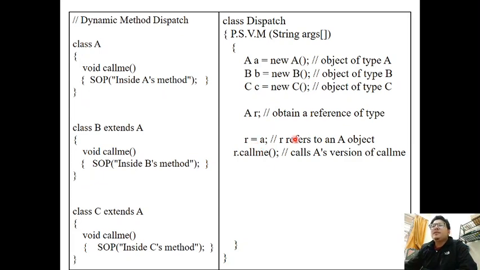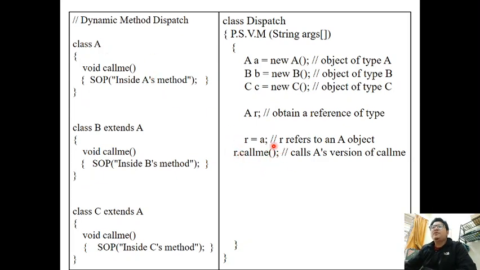Since A is the object of class A, R can hold the object of class A. So for R.callMe, until this statement is executed, whatever you write doesn't mean anything, because you do not know at compile time which callMe it is invoking.